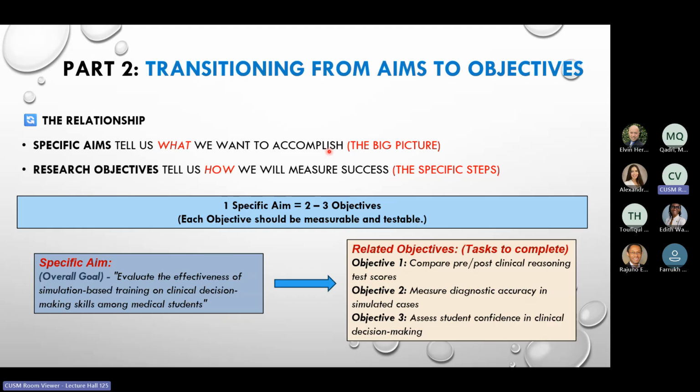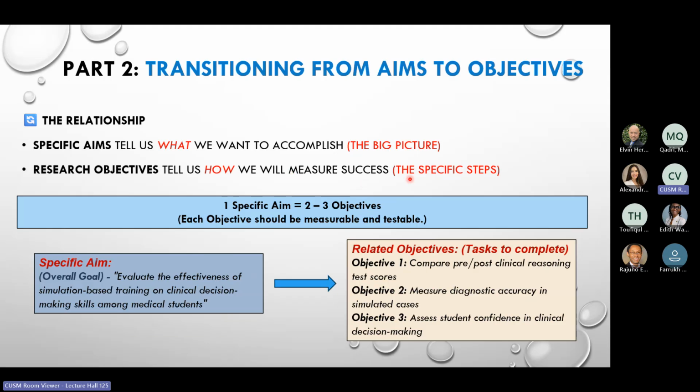But that big picture, from our previous set of slides in part one, has identified certain elements. And those certain elements obviously are an activity, the population, the outcome, and a research activity that we want to accomplish. Research objectives actually tell us how we will measure our success in accomplishing those specific aim statements.